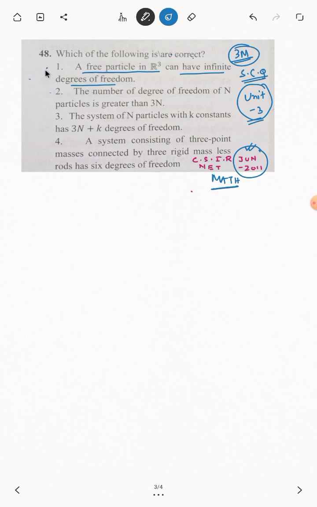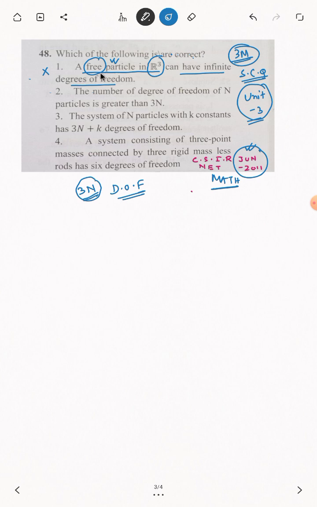This is obviously wrong, because in R3 the DOF will be 3n for free particles. For n particles we have 3n DOF, this is the formula, and free, so there are no constraints.